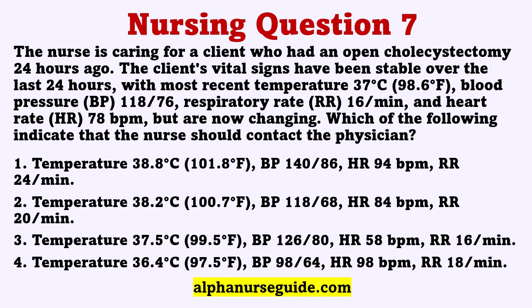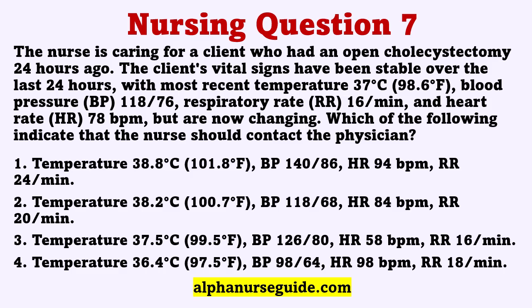The correct answer is 1. Temperature 38.8 degrees Celsius, blood pressure 140/86, heart rate 94 beats per minute, respiratory rate 24 breaths per minute. This client is exhibiting 3 of 4 signs of systemic inflammatory response syndrome: temperature greater than 38 degrees Celsius or less than 36 degrees Celsius, heart rate greater than 90 beats per minute, respiratory rate greater than 20 breaths per minute.